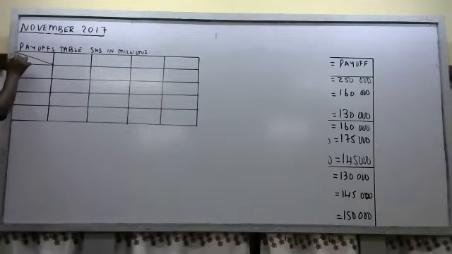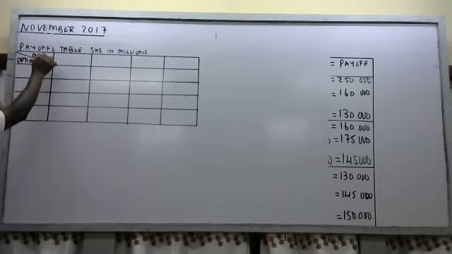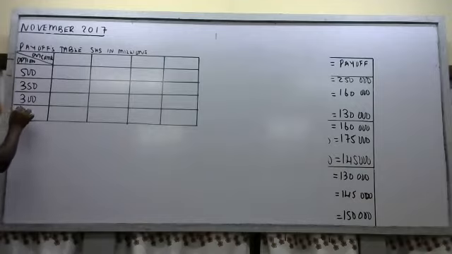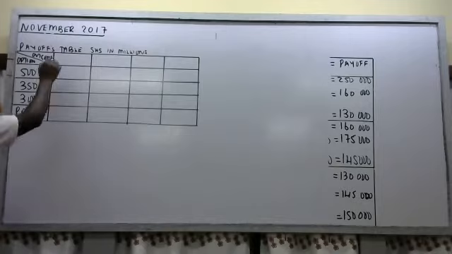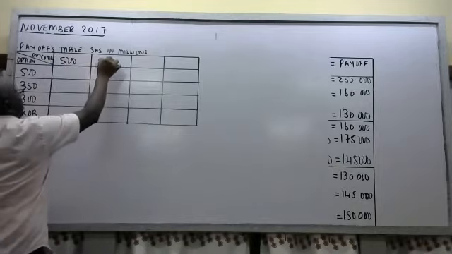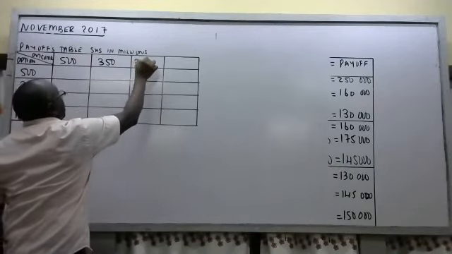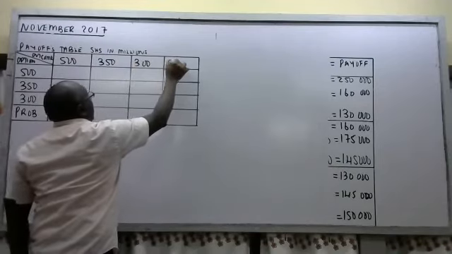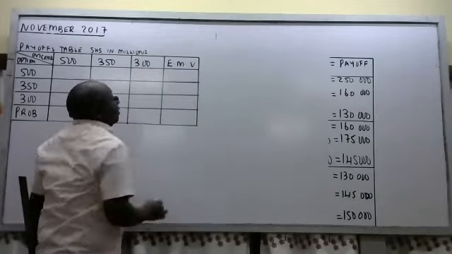So here we have the option, and here we have the outcome. So the option is 500, 350, 300, and the probability. So the same case here, 500, 350, 300, and then expected monetary value.